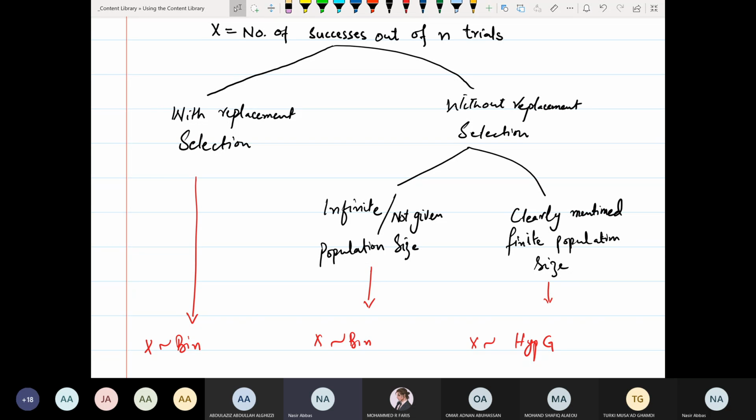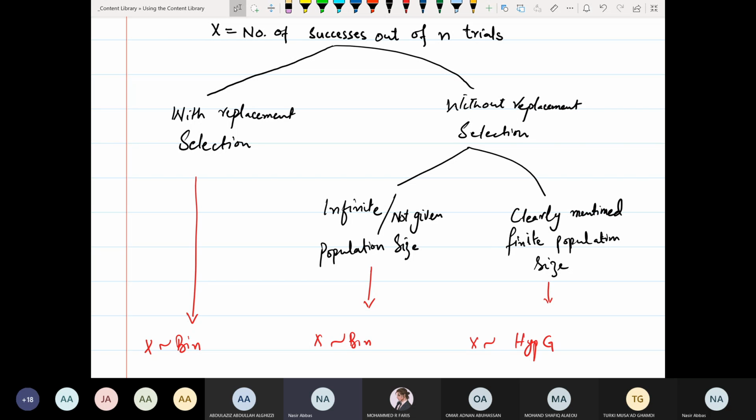We have discussed in this chapter so far that if your interest is in the number of successes out of n trials, you perform an experiment n times and you're interested in the number of successes, then you get to see how you are selecting. If you are selecting with replacement, without any question, your four properties of binomial distribution will be satisfied and you will directly use this binomial distribution.